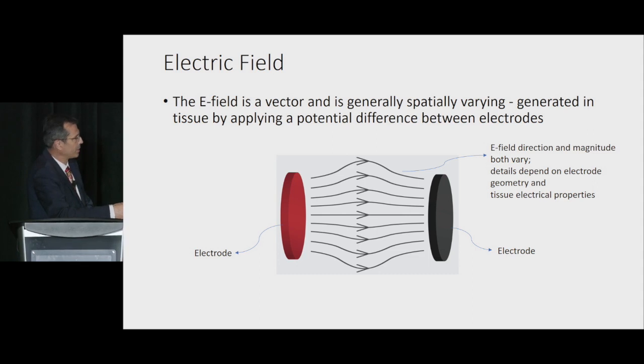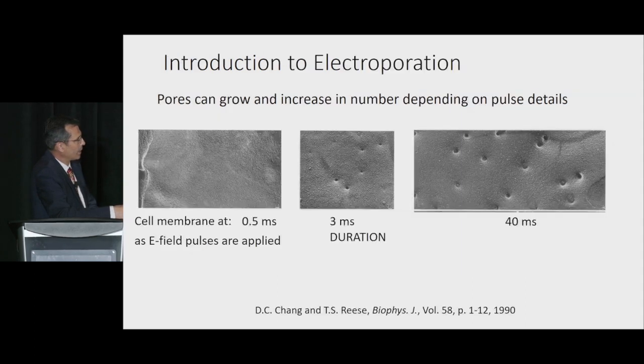The field that is applied to tissue shouldn't probably be seen as a straight line. There are some distortions in the field that will depend on several factors. This is showing you the impact of the duration of the pulse that is sent to the tissue. With this given waveform, which is pretty crude, with 0.5 milliseconds, you have nothing happening.